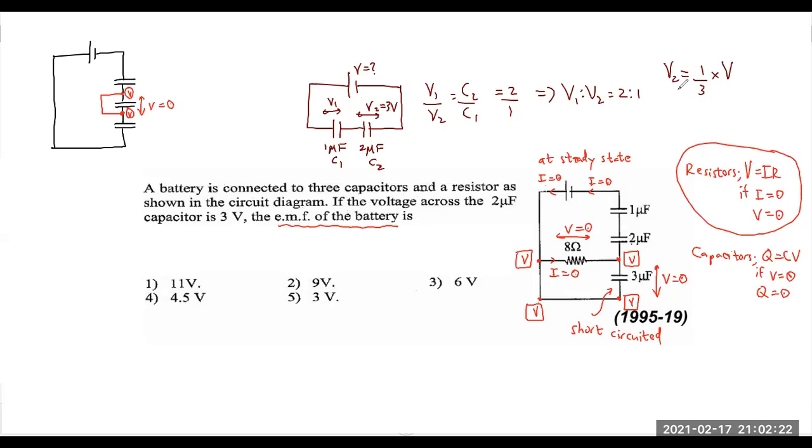So for V2, we substitute 3 here: 3 equal to 1 over 3 into V, and that will give you V is equal to 9 volt. V is the voltage of this battery, the EMF of the battery. EMF means electromotive force, the voltage marked on a battery. So the correct answer for this question is 9 volt.